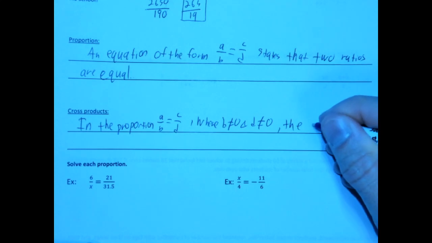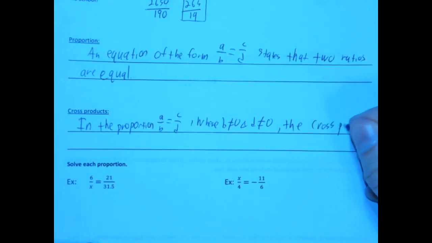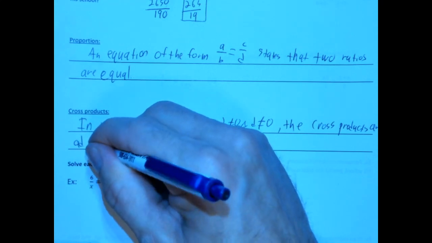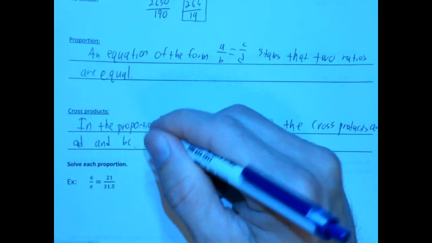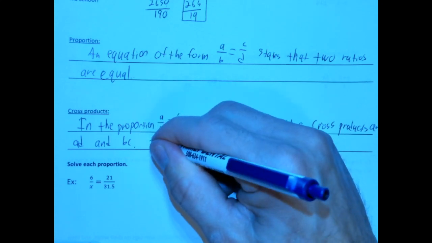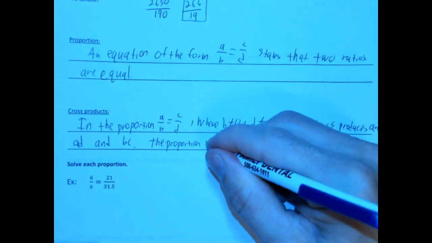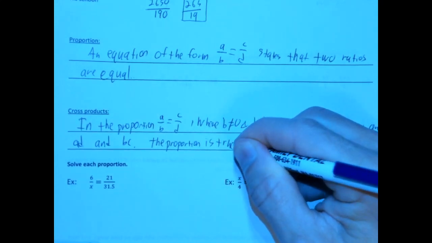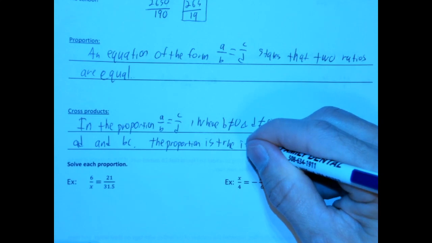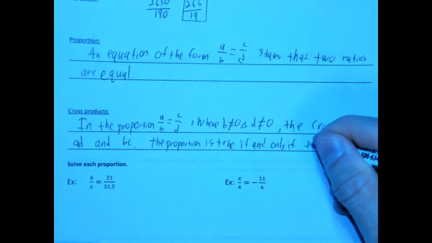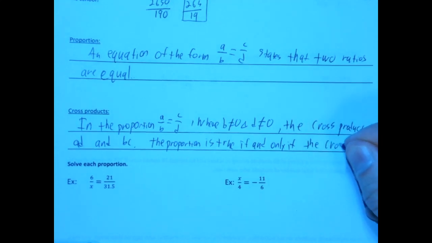the cross products are AD and BC. The proportion is true if and only if the cross products are equal.